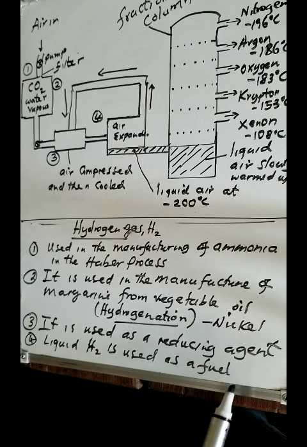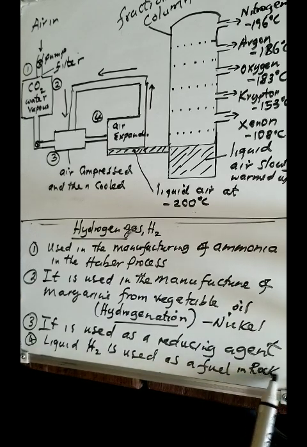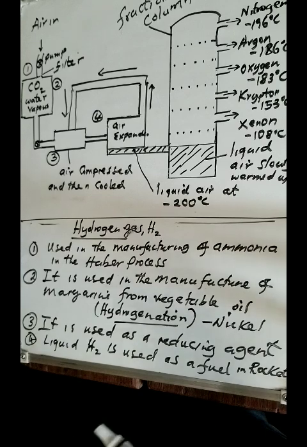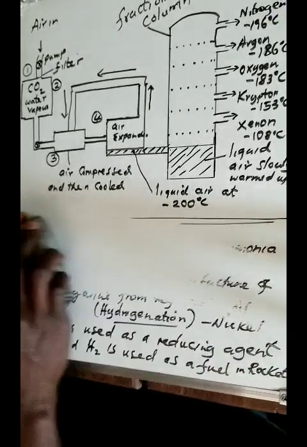You can use it as a fuel in rockets. In fact, it is a good fuel in that it is not a pollutant, or it does not pollute the air. So that is what you need to remember. It is environmentally friendly, as we can call it.